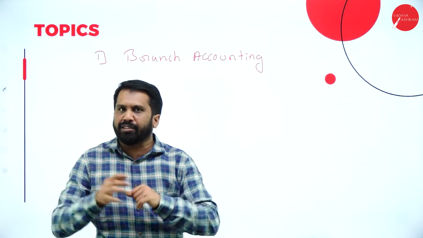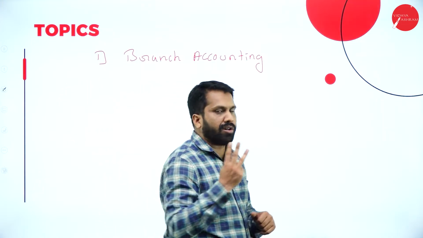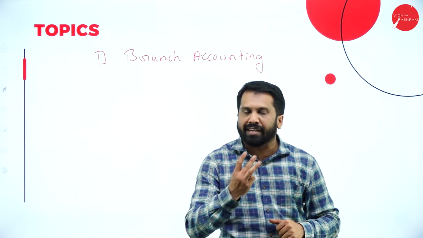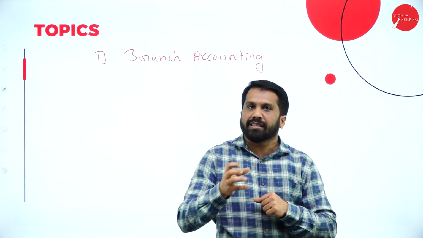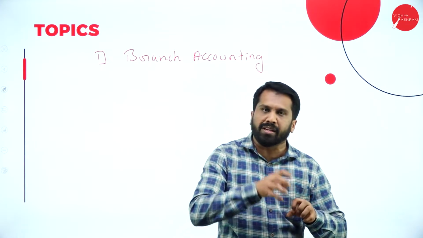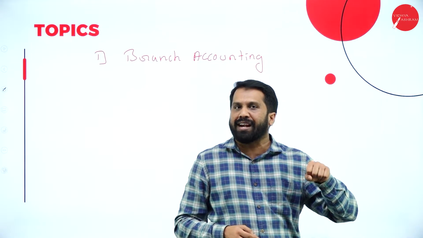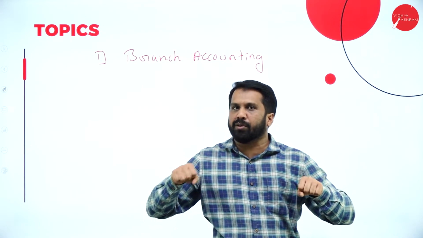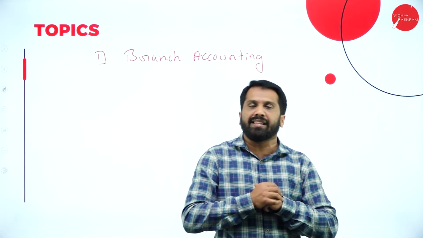Will they do all the financial statement? No. They need only 3 accounts: branch stock account, branch debtors account, petty cash account. These are the 3 accounts they required to include in the head office account. Clear? Now, Mysore account, all the financial statement, Bangalore account, all the financial statement, both will be merged into Delhi account.